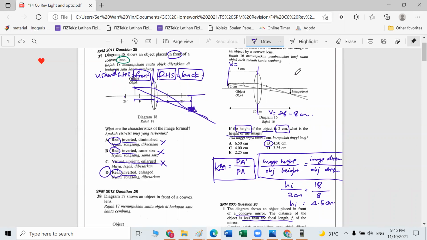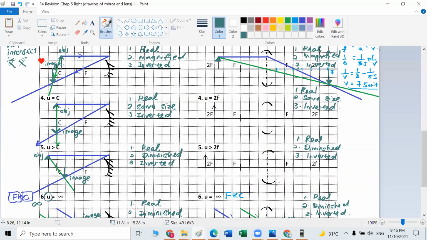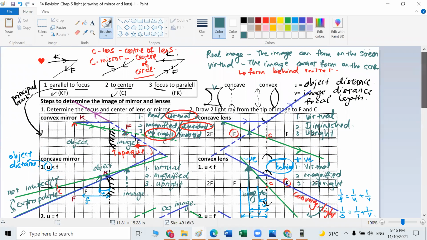Okay, so conclusion, the formula is this. Not given in the formula list. Image height divided by object height equals V divided by U. You can write it back here. If no space here, maybe you write here.